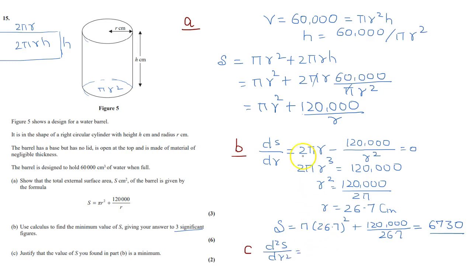So that will be equal to 2 pi, and this is r to the power minus 2, so this will be plus 2 times 120,000 over r cube. This is positive and greater than 0. So if d2S over dr square is greater than 0, the value is minimum.